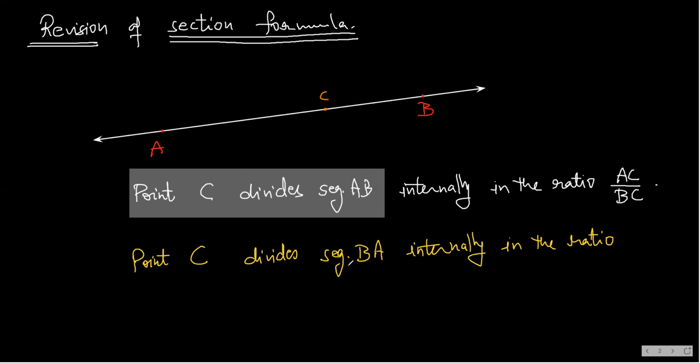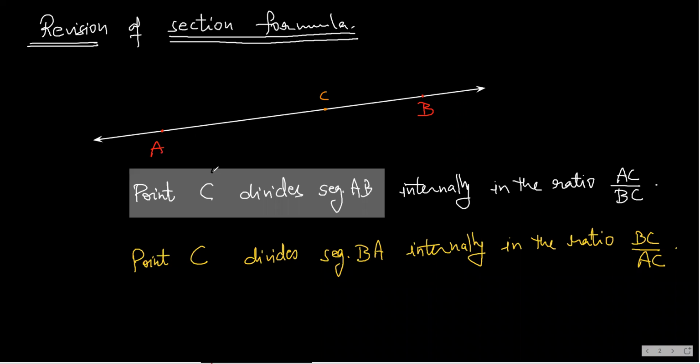See, the order in which you write is important. Here you are saying C is dividing BA, so in that case, the ratio will be BC upon AC. You can check what difference you have when you say BA instead of AB.